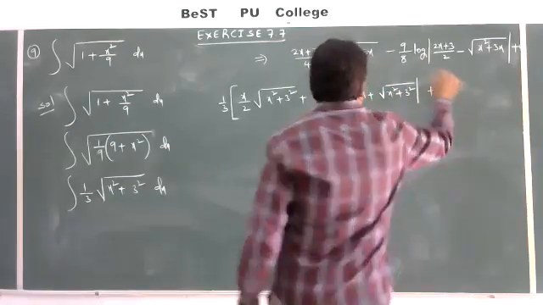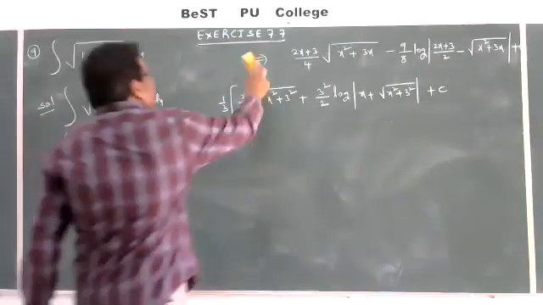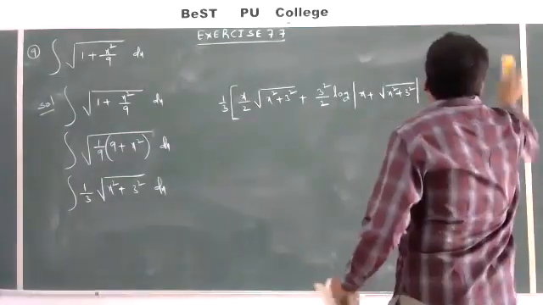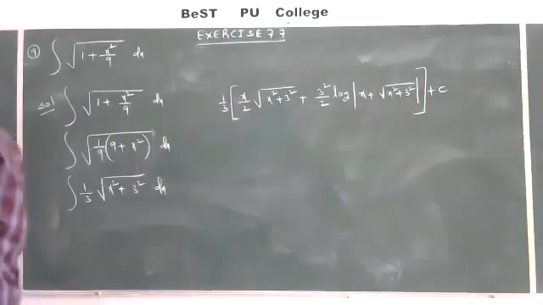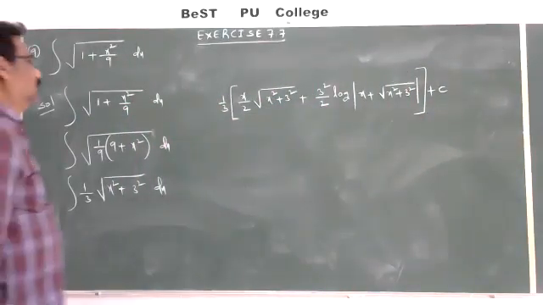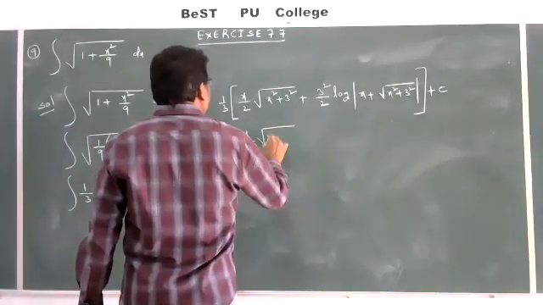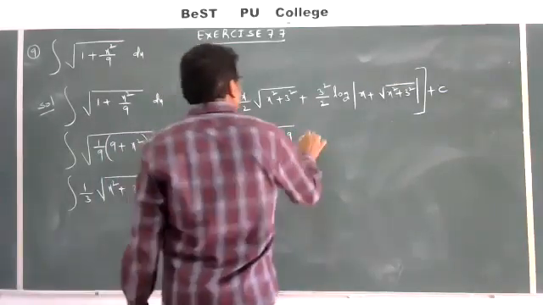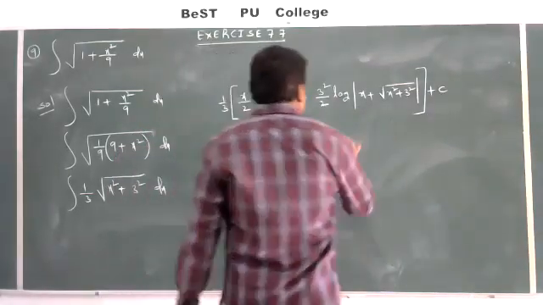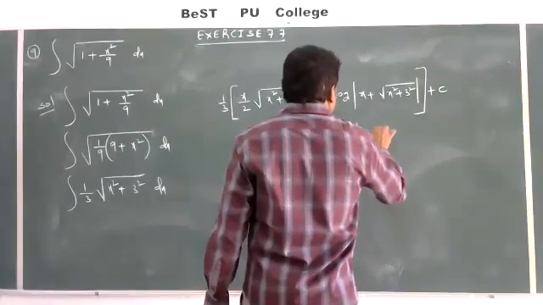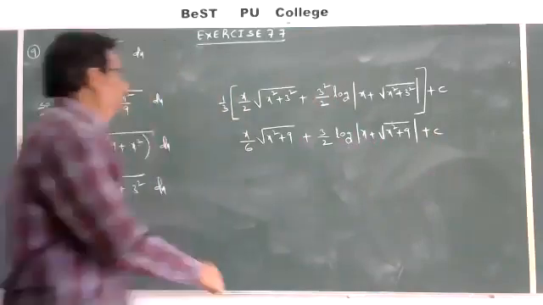Here a is 3, with 1 by 3 outside the bracket. So this is x by 6 into root of x square plus 9 plus 3 by 2 into log mod x plus root of x square plus 9 plus c, arbitrary constant. That's enough.